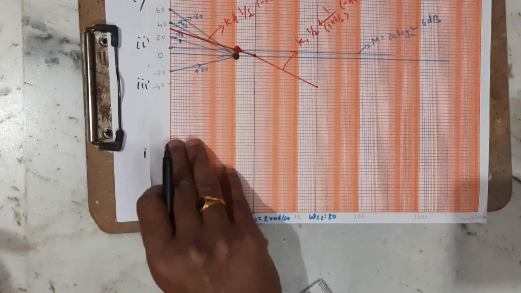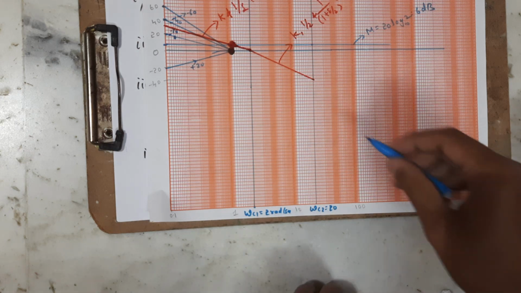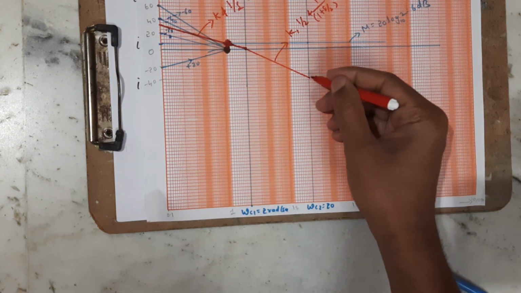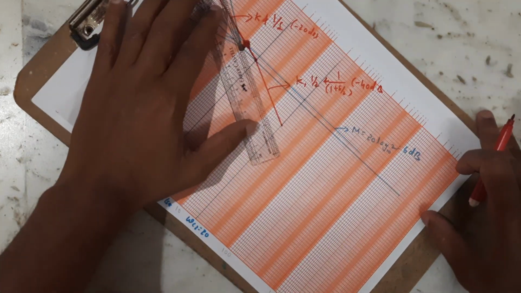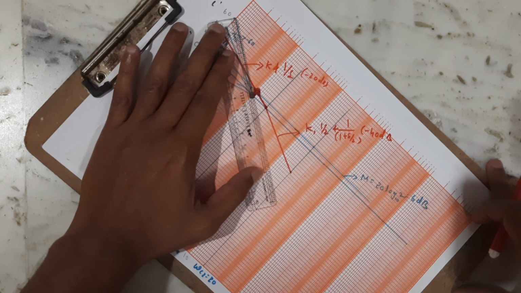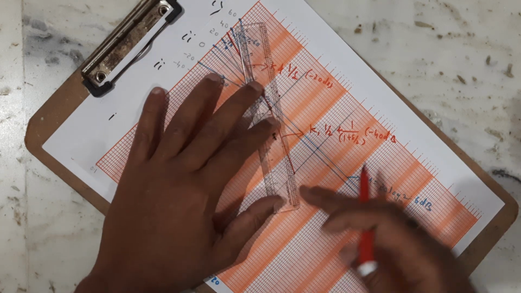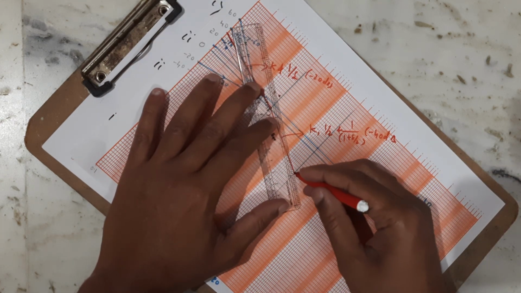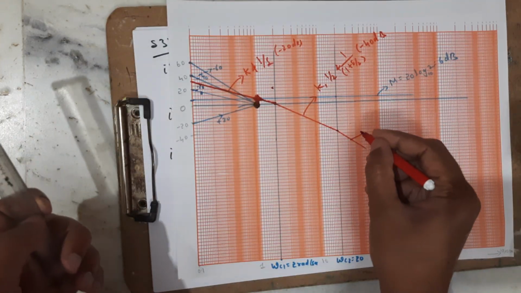How to represent this? From this point I am going to draw a line which is parallel to which one? A slope of 60, like this, and I am going to move. So I am going to draw a line parallel to 60. So this is the final slope.